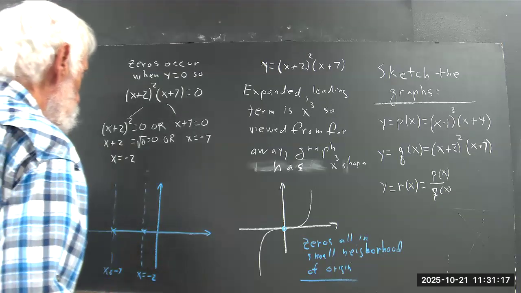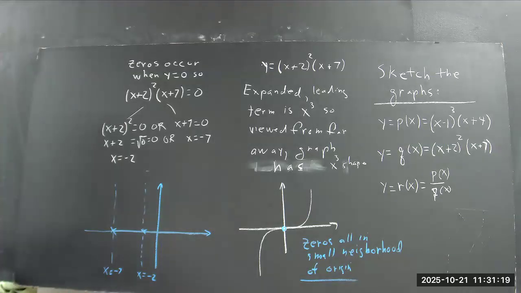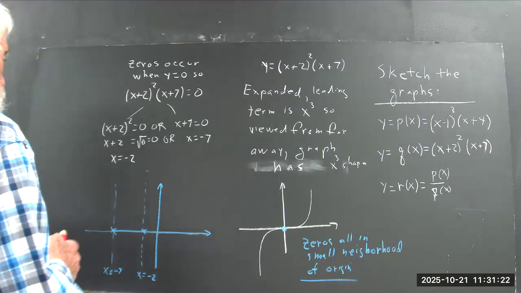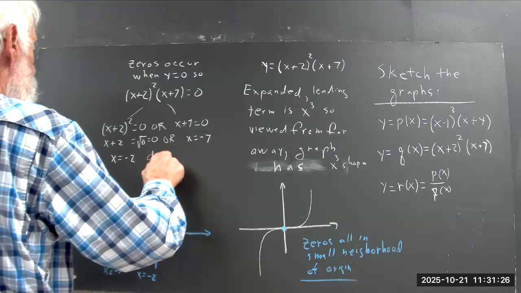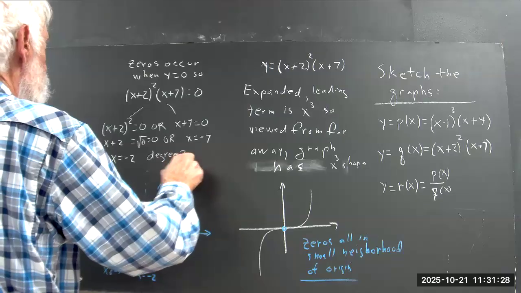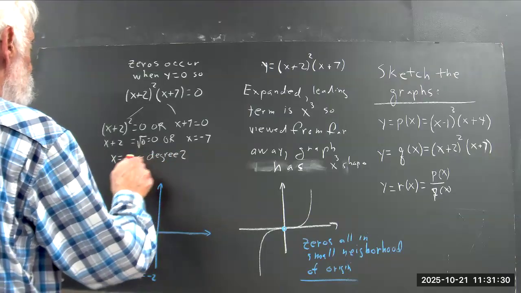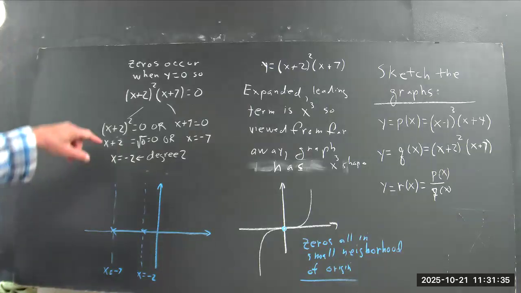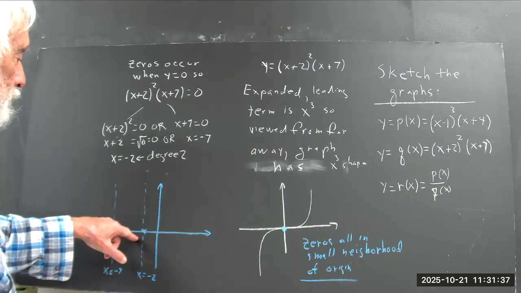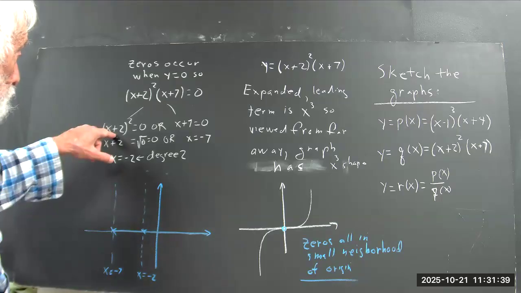The graph has to go through these points. Now, the zero at x equals -2 is of degree 2 because x plus 2 is being squared. In other words, the zero near x equals -2.